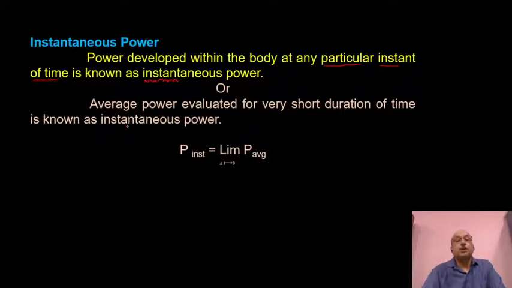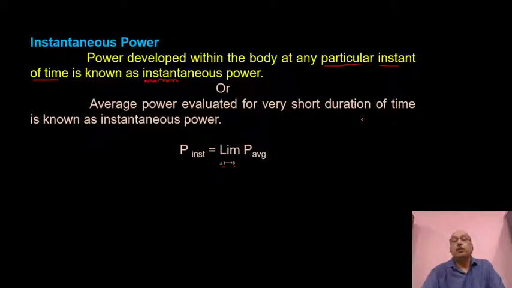As the word instant is showing, for a very short duration, it means the time is very, very small. And this time is represented by delta t, and it is tending to zero because the time duration is very small.